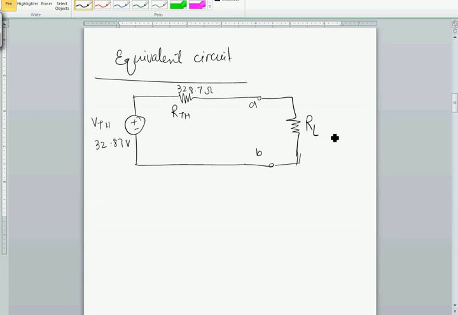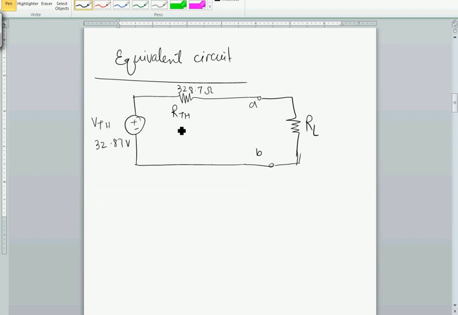So we can find the Thevenin equivalent circuit for the entertainment center, and then we can apply the maximum power theorem. The maximum power theorem says that the value of the load resistance should be the same as the value of the resistance that is connected in series with the voltage source.